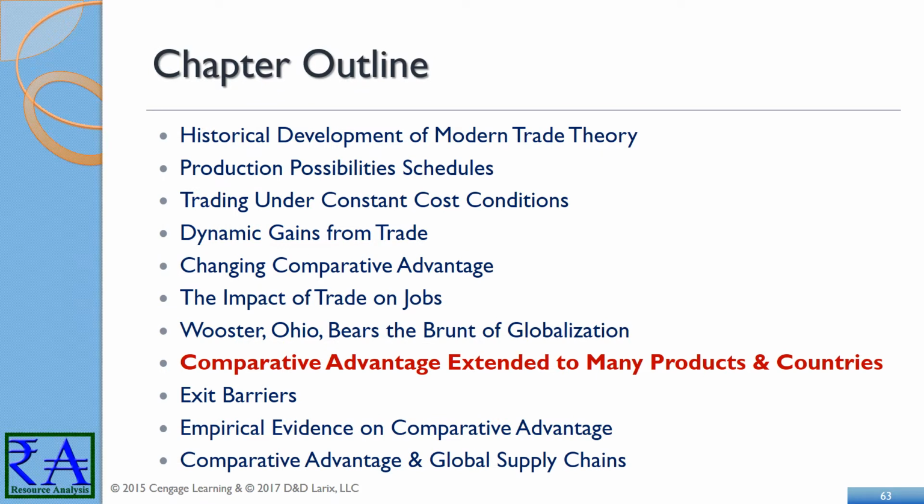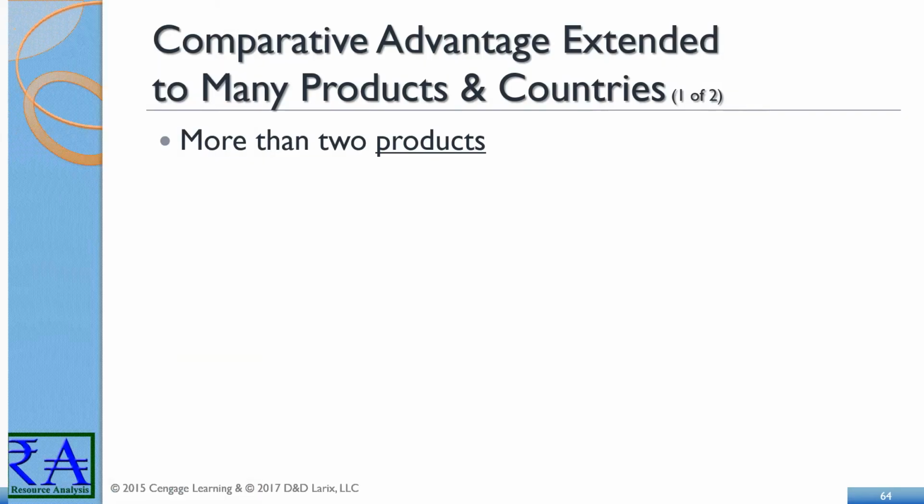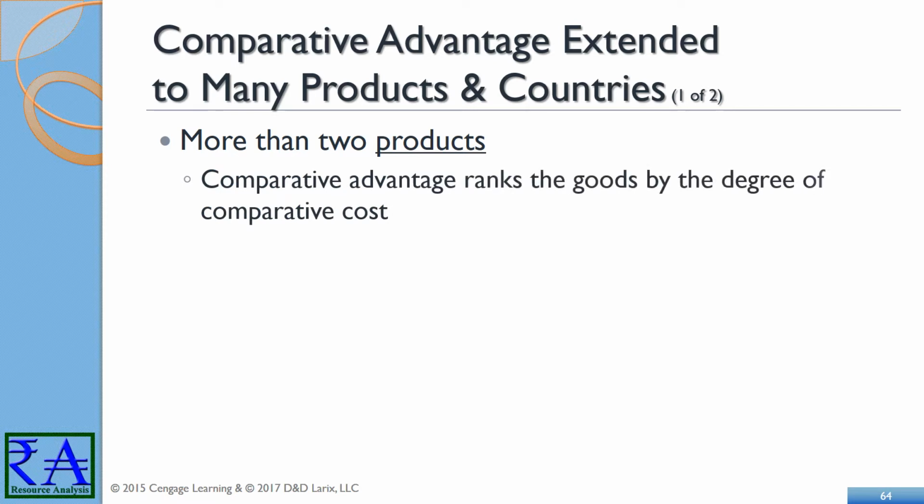There are thousands of products produced by thousands of companies in hundreds of countries, all competing for shares of a profitable global market. Comparative advantage has been introduced in this course under simplified conditions, but we need to explore how this understanding can be applied in real-world situations. In simplified terms, comparative advantage can be determined quickly.